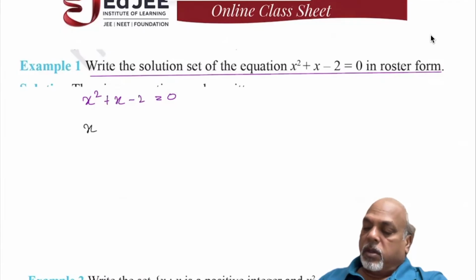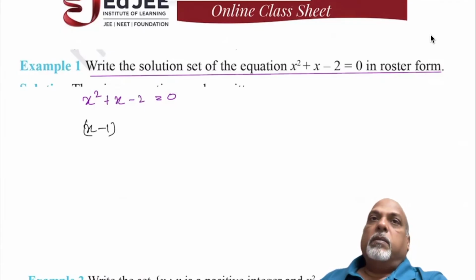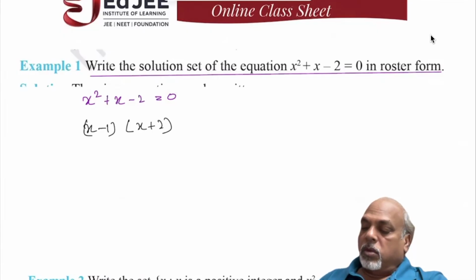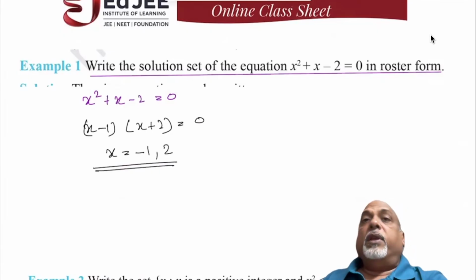So x minus 1, x plus 2 is 0, or x equal to 1 and minus 2, and this is the solution. Now, what is the solution set?